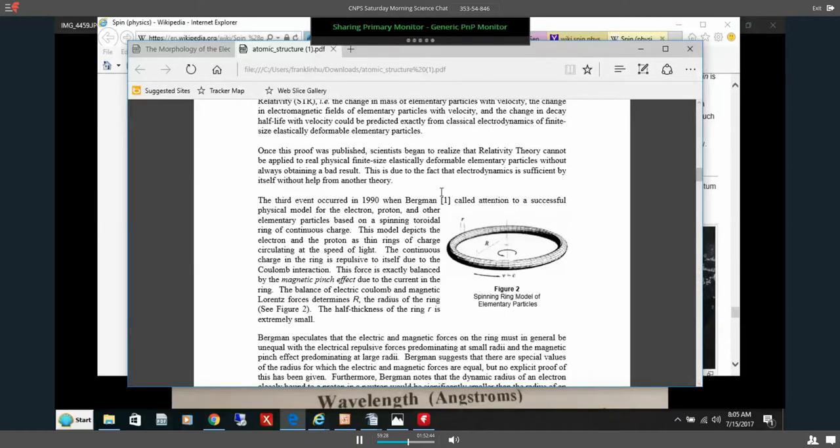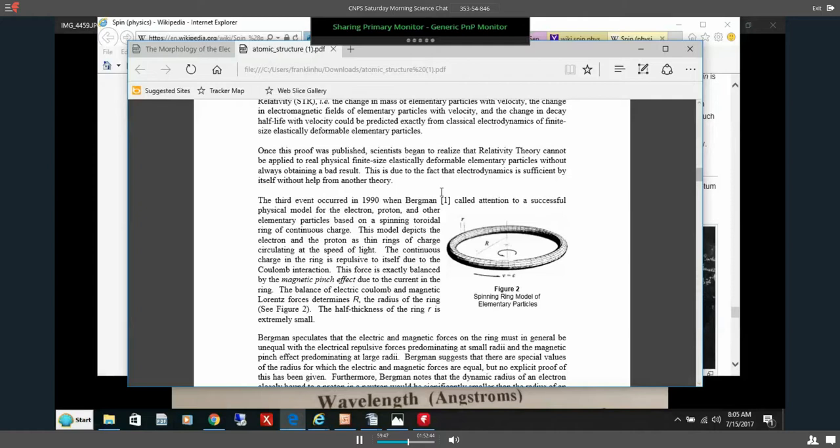The ring model, the toroidal model, works like this: the magnetic moment of the particle, say the electron, is determined by the current, the charge that goes around the circumference of the ring.